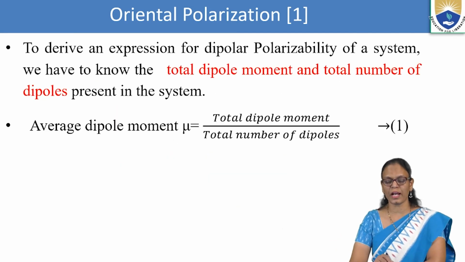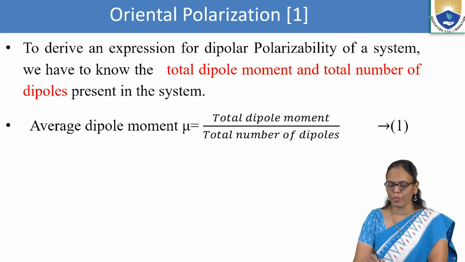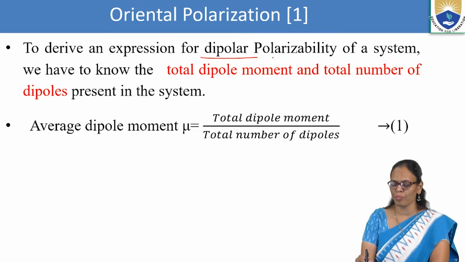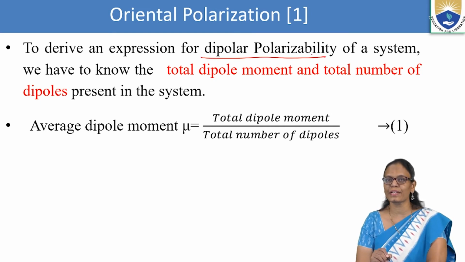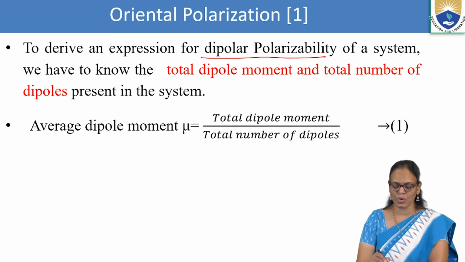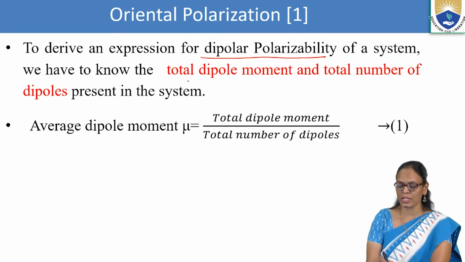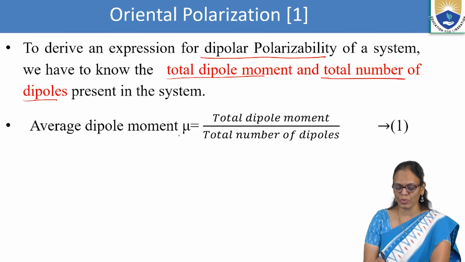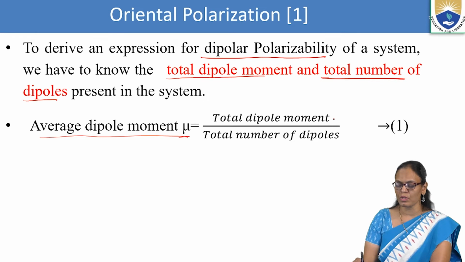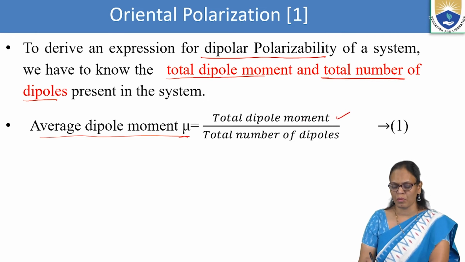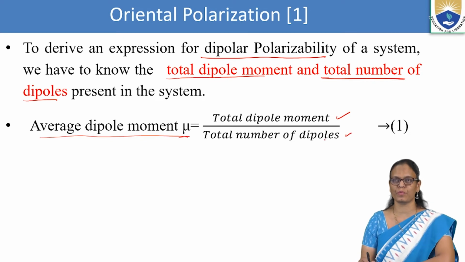Now we are going to derive the expression for dipolar polarizability or orientational polarizability. So what is the formula? It is the total dipole moment to the total number of dipoles. So mu, average dipole moment, is given by mu is equal to total dipole moment due to all the dipoles divided by the total number of dipoles.